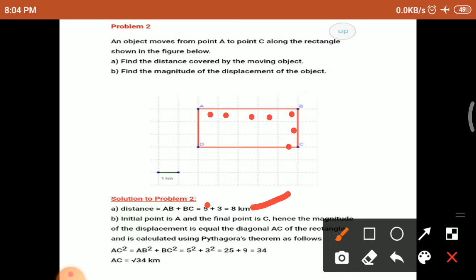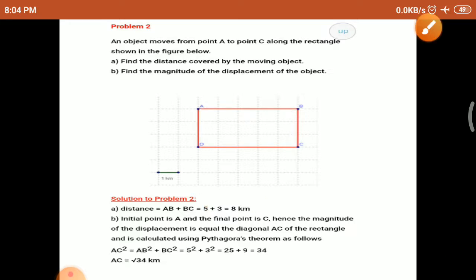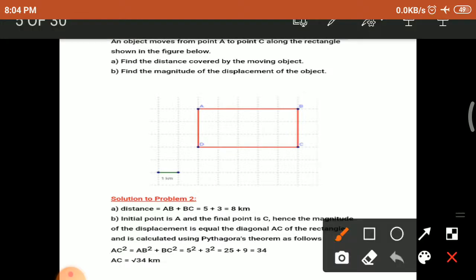How to calculate the displacement? This is the initial position and this is the final position. The final position minus the initial position gives the displacement. Otherwise we can say it is the shortest distance between the final position and the initial position. Using the Pythagoras theorem we can calculate.